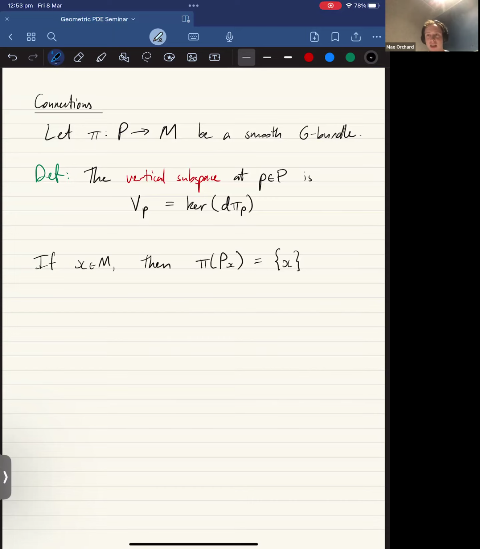So essentially, pi is constant along each fiber, which means that the kernel of the derivative is all the tangent vectors that are pointing along the fiber, in a sense parallel to the fiber.